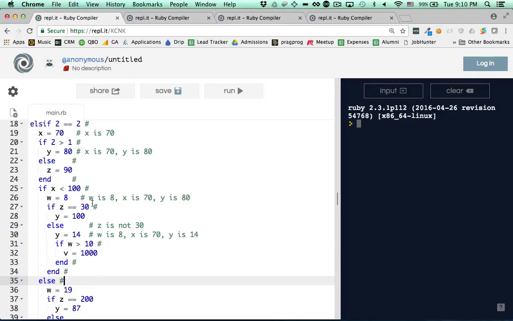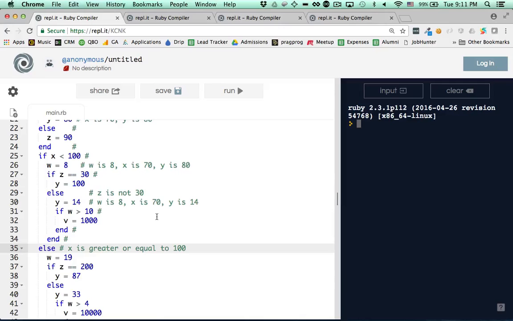It's if x is greater or equal to 100. Does everyone agree with that? So this else goes back, and you could follow the vertical line to this, right? If x is less than 100, else, if x is greater or equal to 100, what line processes next?